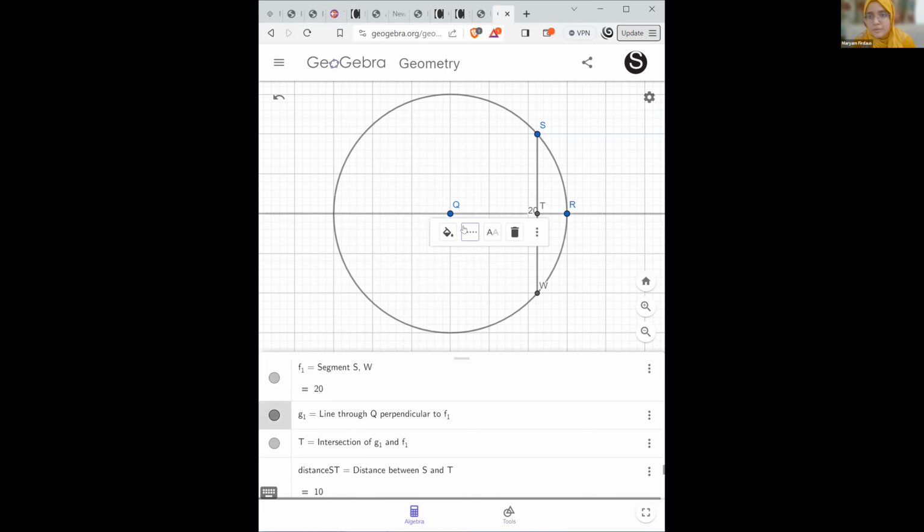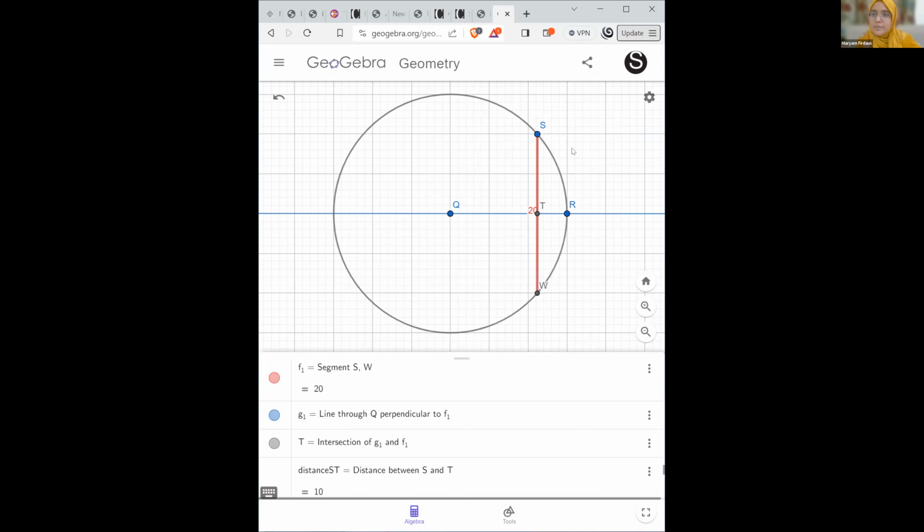It's still not visible. Wait. So can you see this perpendicular? We already have a chord, the red one.